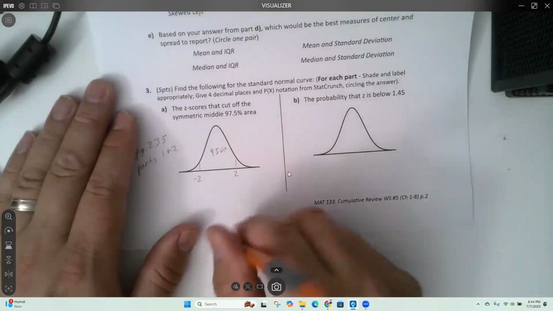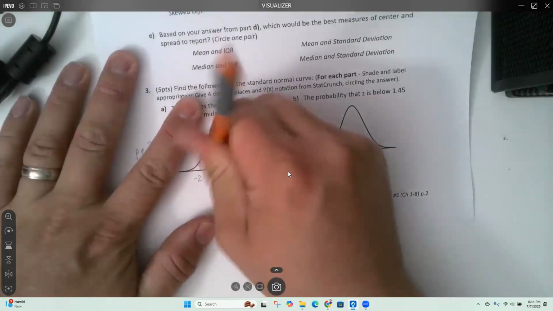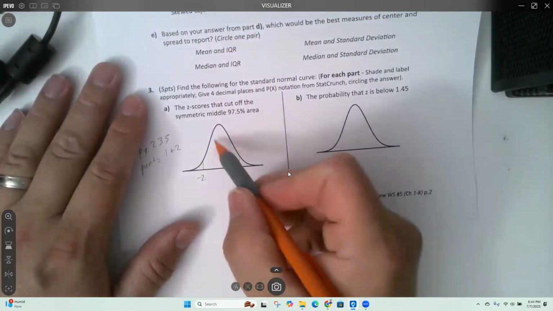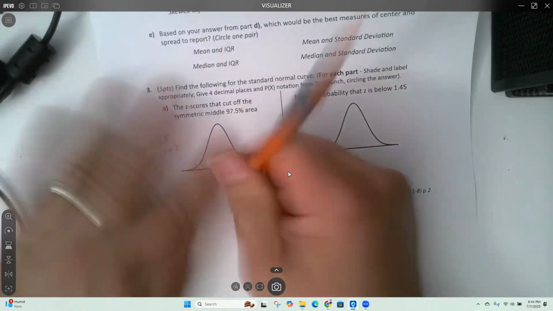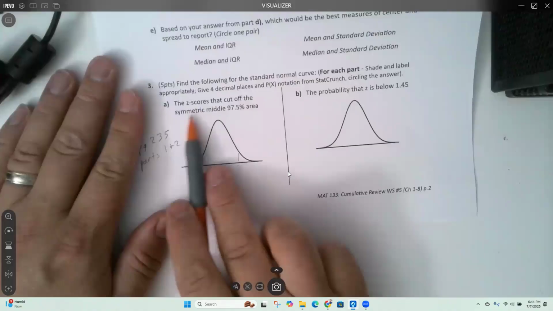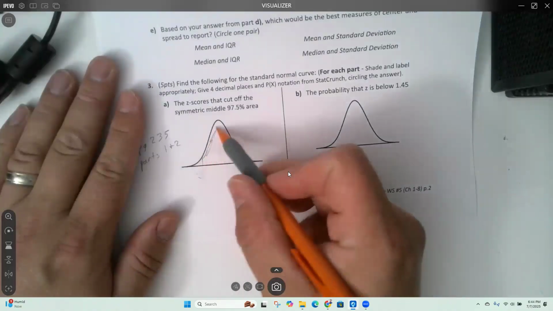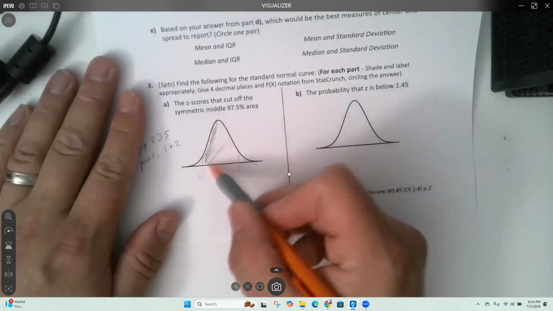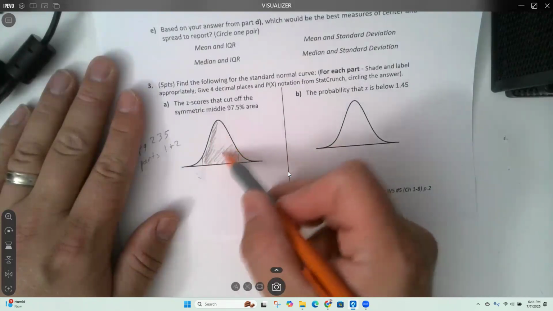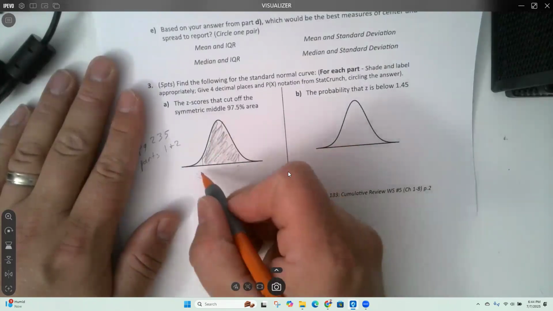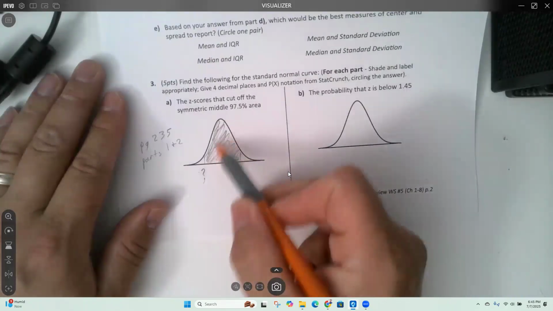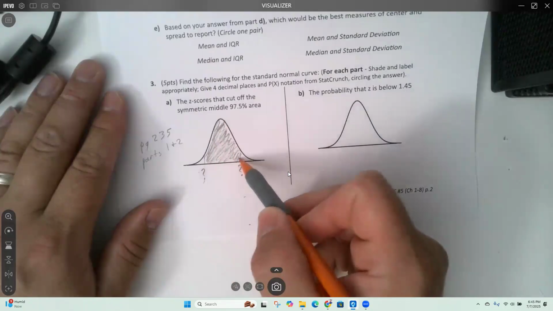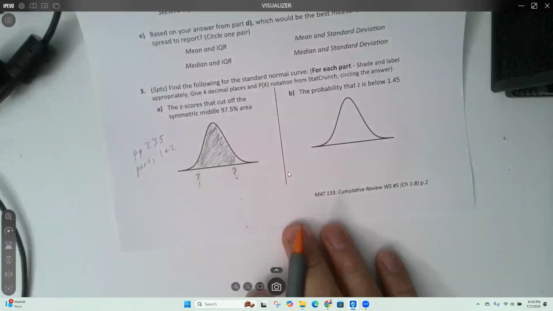We have that memorized. We don't have 97.5%, so I'm not sure what the numbers here will be, but here we're shading everything between these two z values. We have to find those z values. They give us this 97.5% shading.